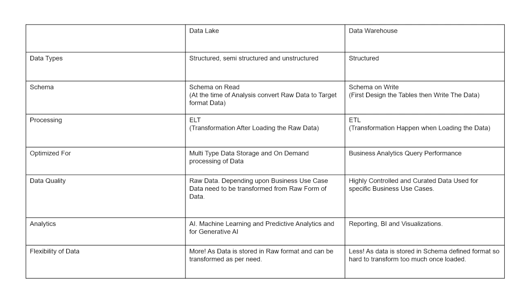Processing. In case of data lake, it is ELT, because first you load the data, and later as per the use case you define the schema and write the transformations to get the target format. So that's why this is ELT, extract, load, and transform.